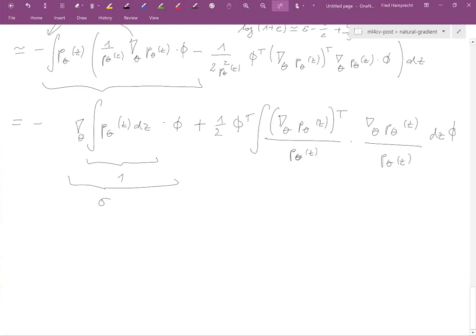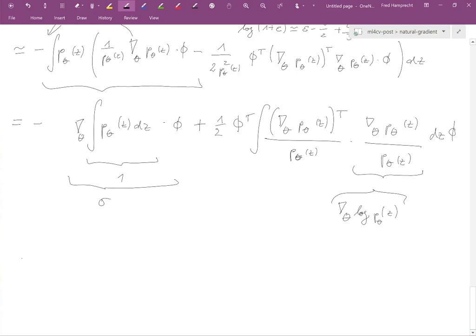Okay, now a final trick, namely, if I have the gradient of the logarithm, then this is exactly the same here, because I get 1 over p times the gradient of p, which is what you see up there.